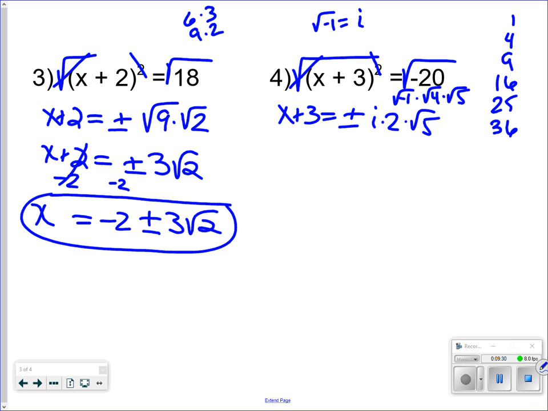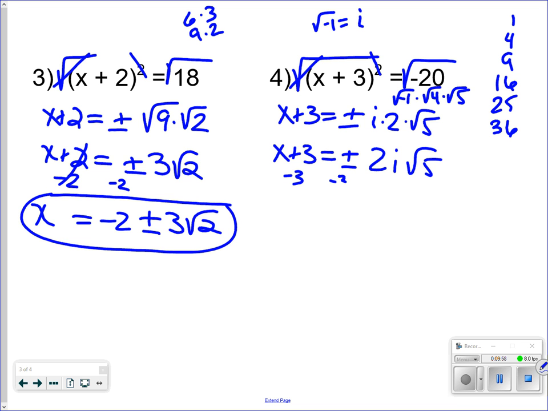On the right-hand side, we're going to switch this around so it's written in the correct order. X plus 3 equals plus minus 2i. Instead of I2, it's always 2i, square root of 5. And now we can do the last step. Do you want it to say x plus 3 equals? No, we want it to say x equals. You need to move the plus 3. Opposite of plus, minus.